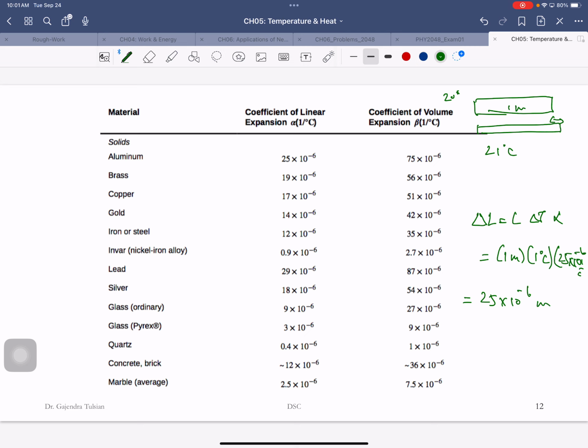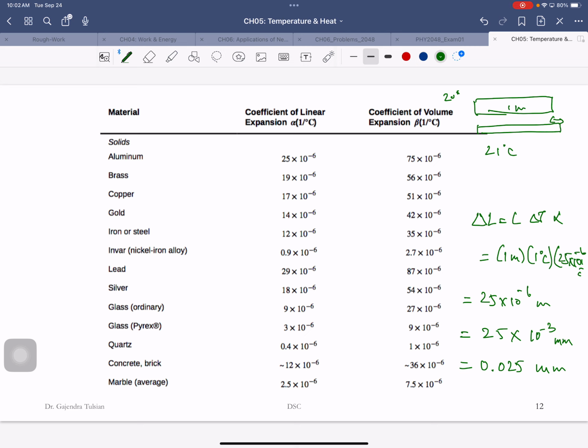Again, you don't have to remember all of this. 10 to the minus 3 meters is a millimeter. So that's 0.025 millimeter.